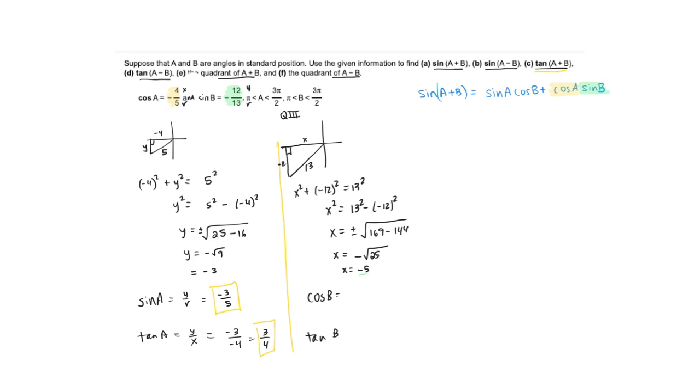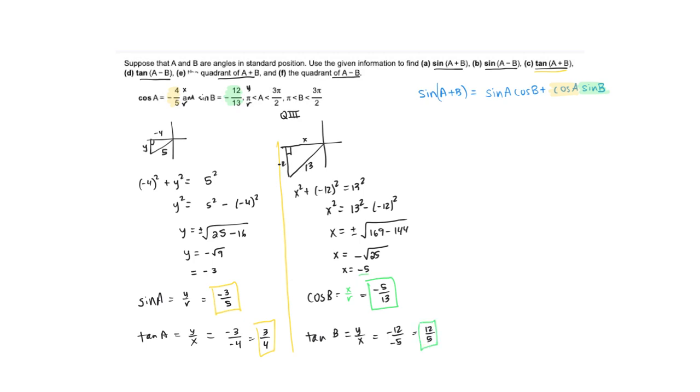Then, because cosine is x over r, cosine of b would be negative 5 over 13. And then tangent is y over x, and so we had y as negative 12 and x as negative 5, so tangent is positive 12 over 5.